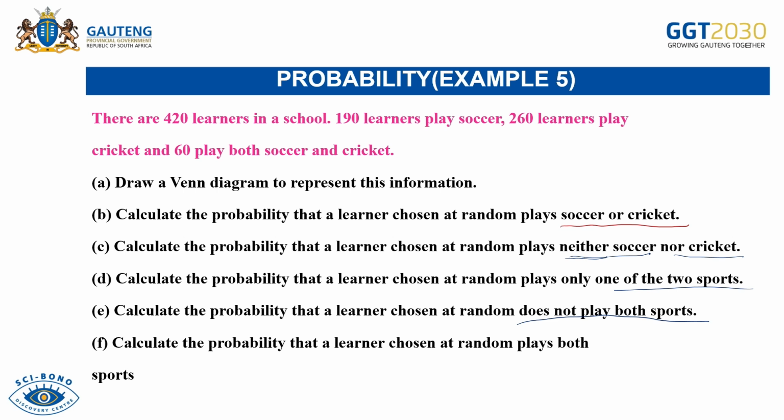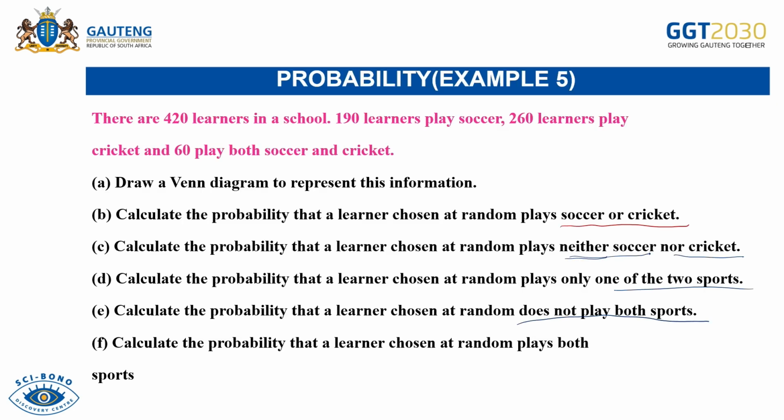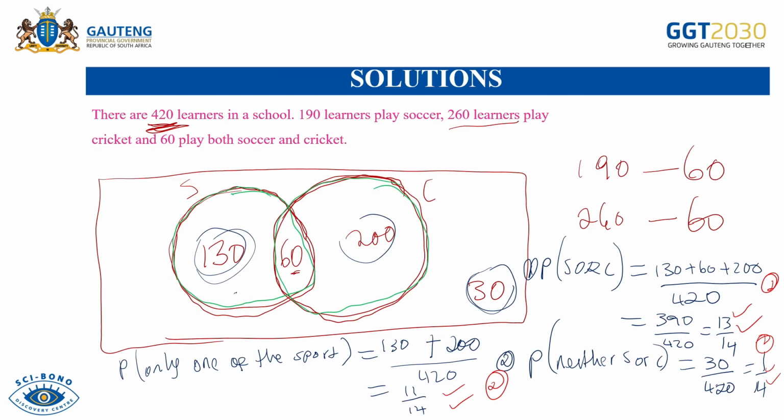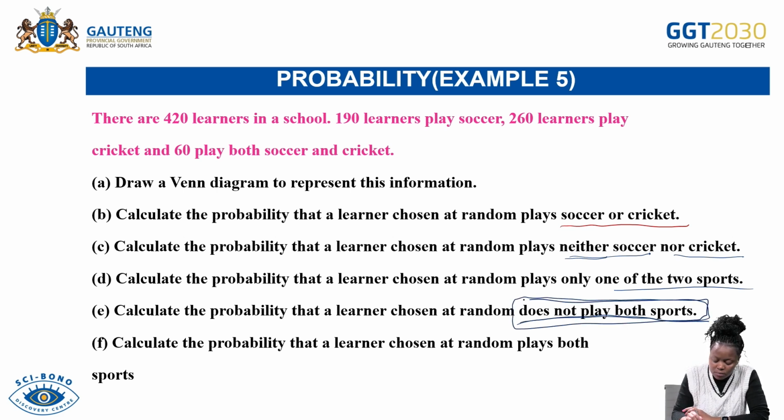So now you need to calculate that probability. Let me read the question again. It says calculate the probability that a learner chosen at random does not play both the sports, right?